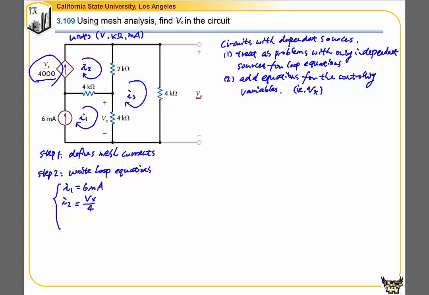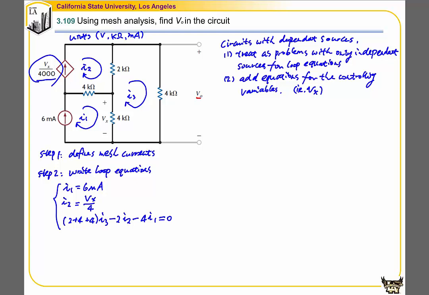For mesh 3, we have 2 plus 4 plus 4 times I3, minus the shared 2 kilo ohm with mesh current I2, minus the shared 4 kilo ohm with mesh current I1, equal to 0.